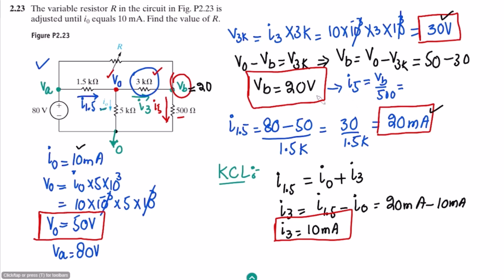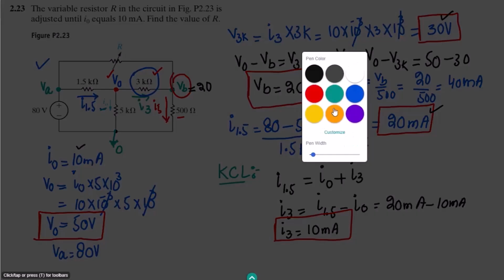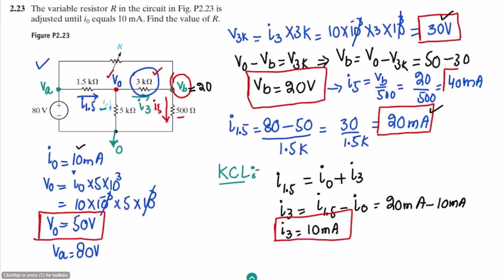The value of VB is known, that is 20. So 20 divided by 500 is 1 over 25. So ultimately this is 40 milliamps. The value of I5 is also known, and that is 40 milliamps.